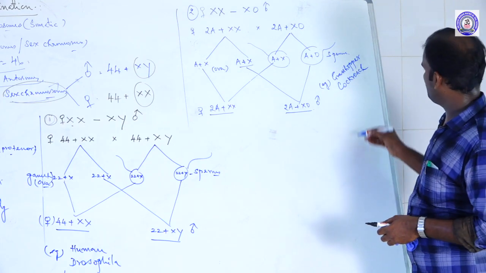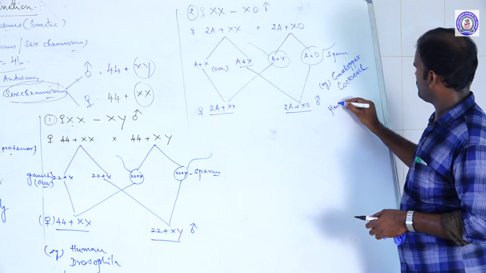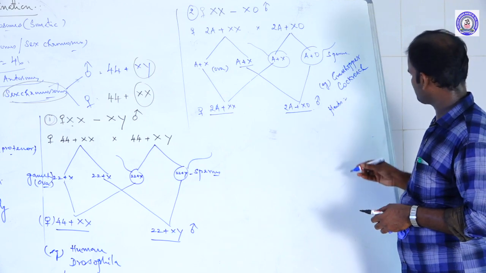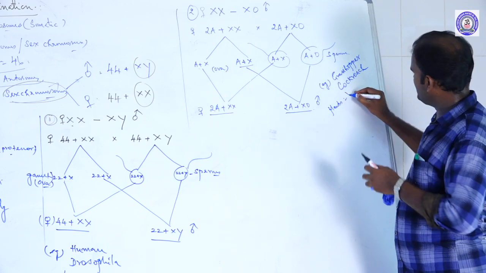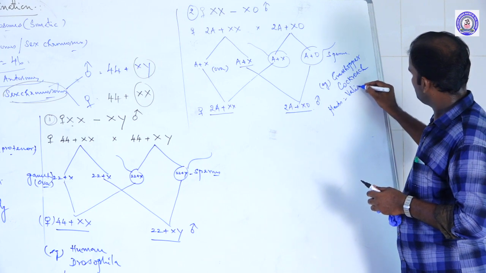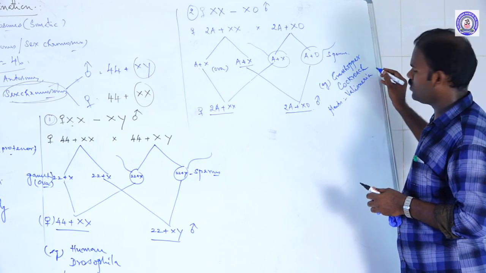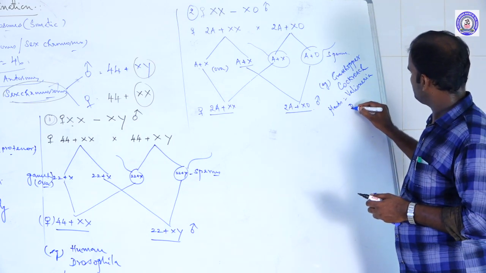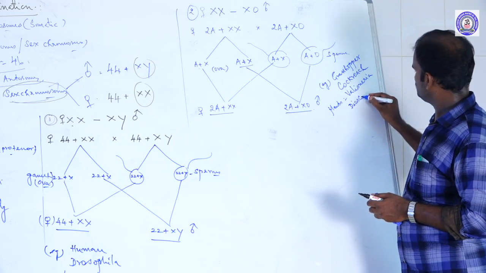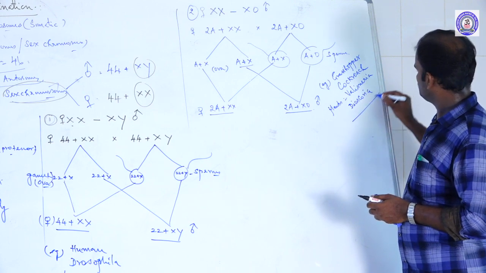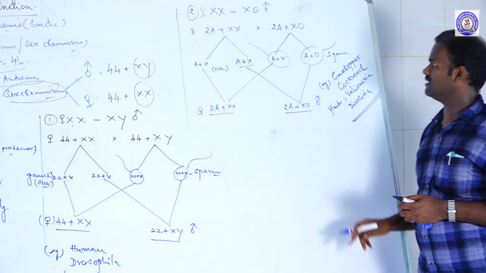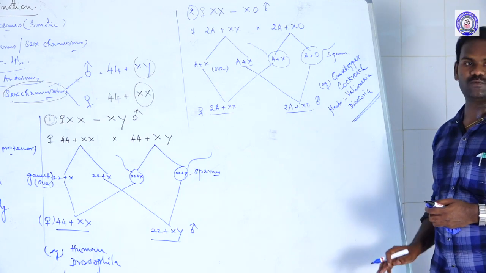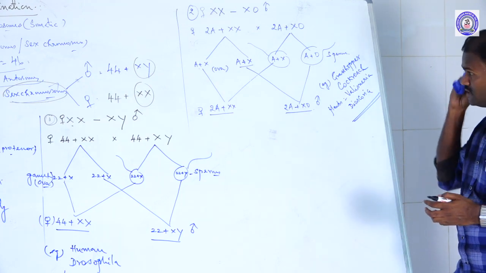Certain plants, for example Vallisneria, an aquatic plant, then Dioscorea. So these are the examples for XX, X0 type of sex determination.